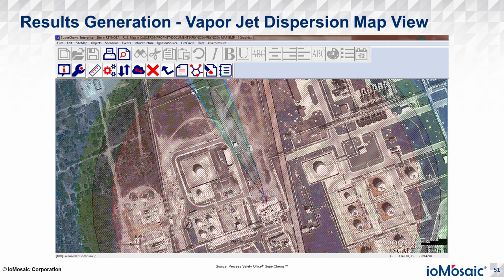We can do the same looking at the dispersion of the flammable gas. So we can see how far our cloud goes. And I think this is about the LFL here and half LFL down here.